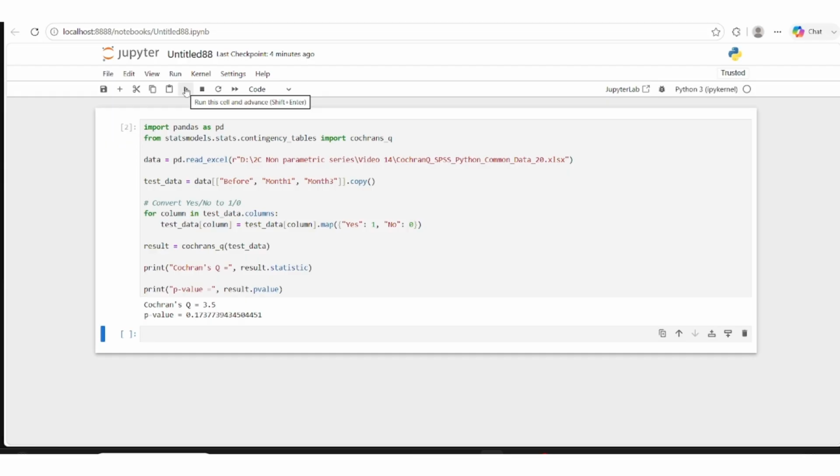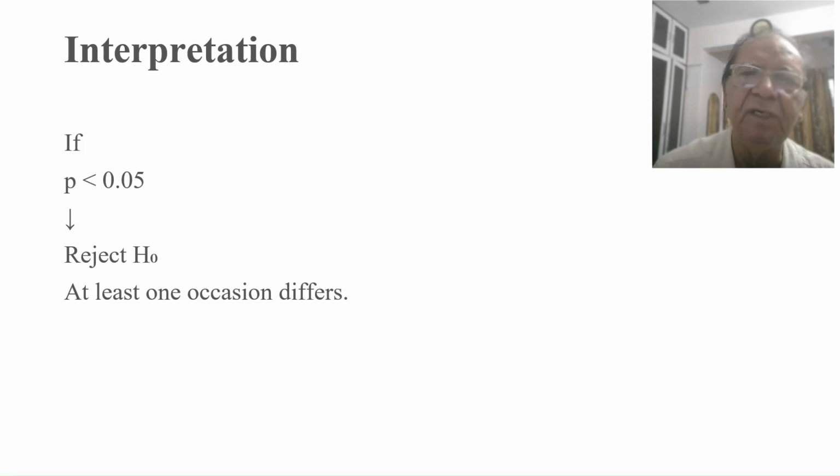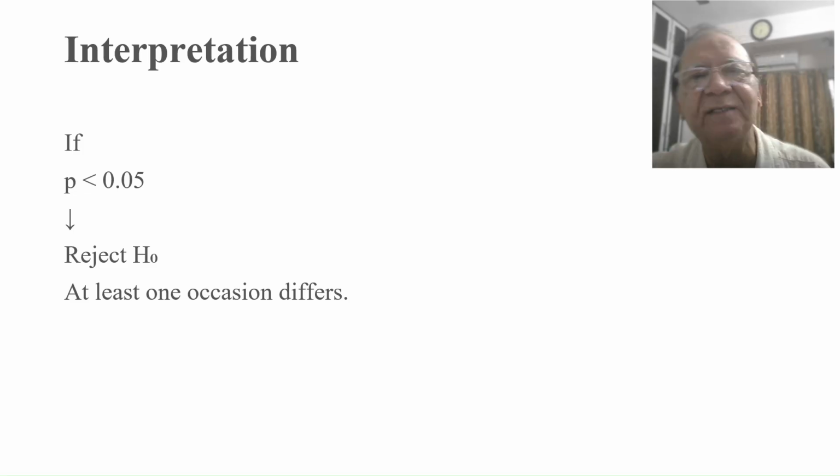The results are same as we got in SPSS. As the p-value is more than 0.05, we accept the null hypothesis. So there is no change. All the 3 columns are same, before, month 1 and month 3. Interpretation is straightforward. If the p-value is less than the chosen significance level, we reject the null hypothesis.